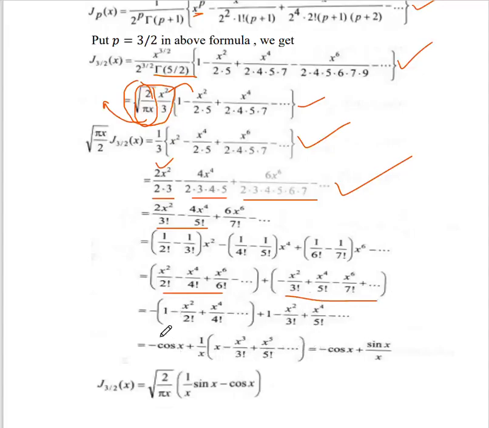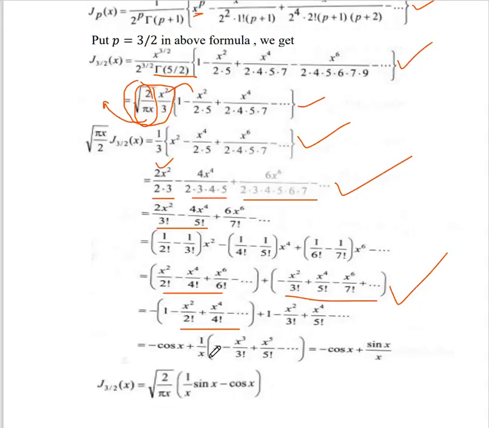So here we will take x square common, so this can be written as minus, we can write these steps as it is. Okay. So after solving these two brackets we will get, so this bracket will be the bracket of cos x.